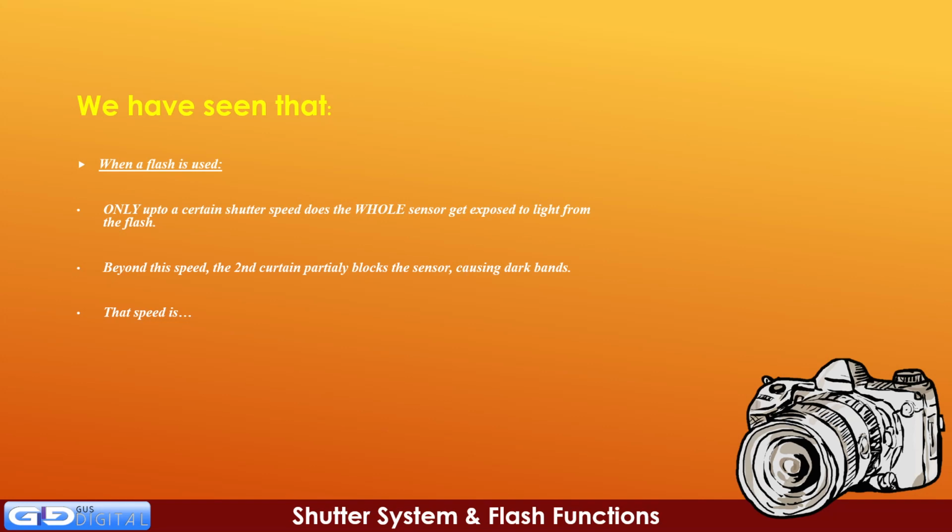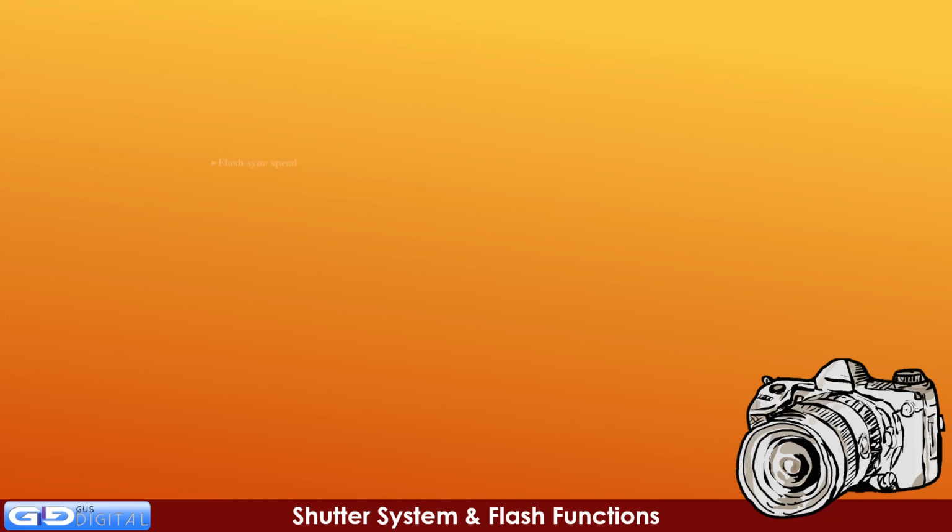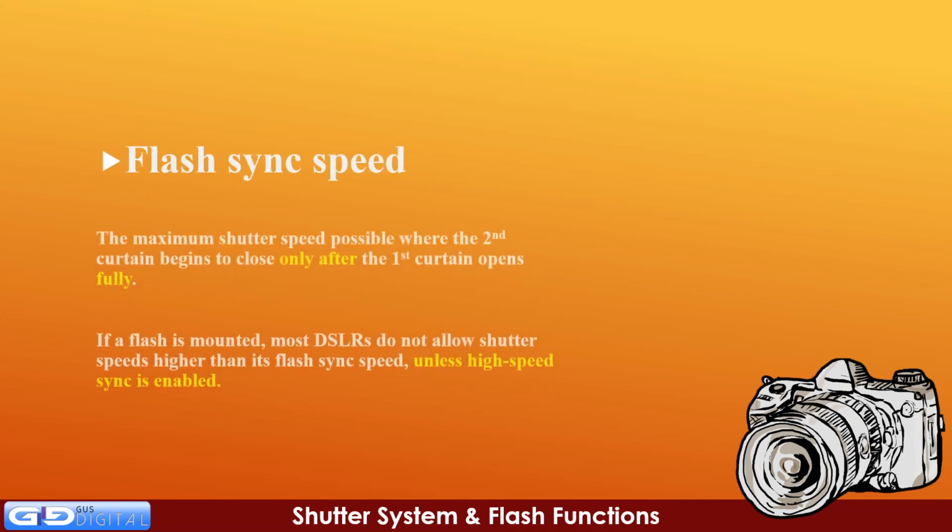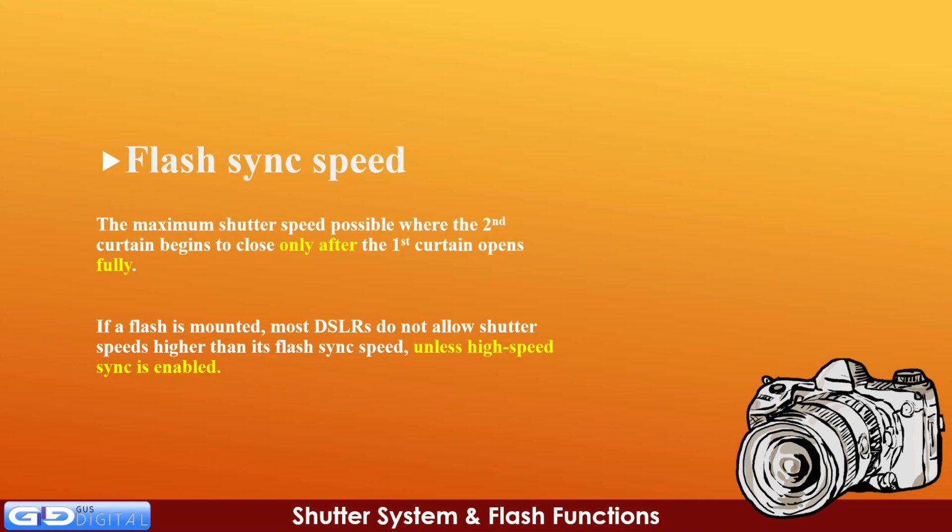This speed is called the flash sync speed of the camera. In other words, the flash sync speed is the maximum shutter speed possible where the first curtain opens fully before the second curtain begins closing. This speed varies from camera to camera.